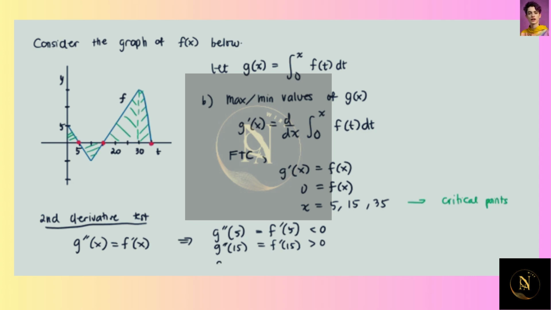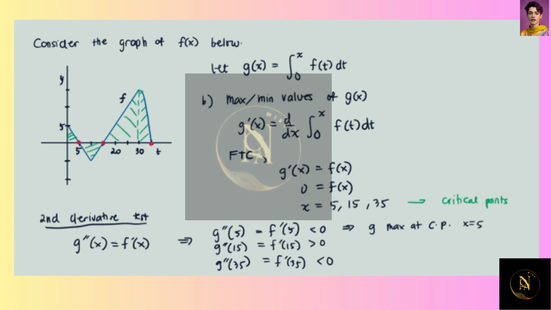And then lastly, g double prime of 35 is equal to f prime of 35, and this is less than 0, since the function is decreasing at this point. So when the second derivative is negative, this implies that we have a maximum at the critical point, which in this case is x equals 5.